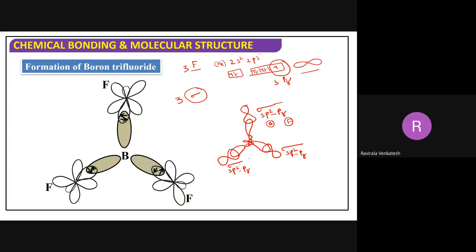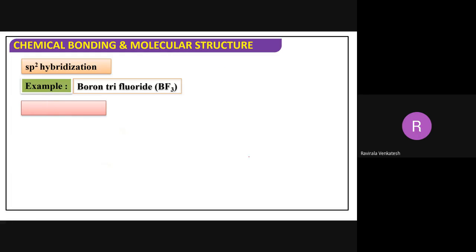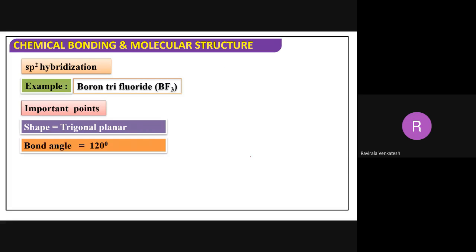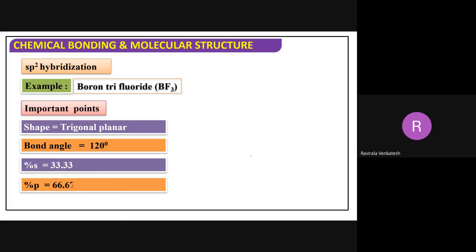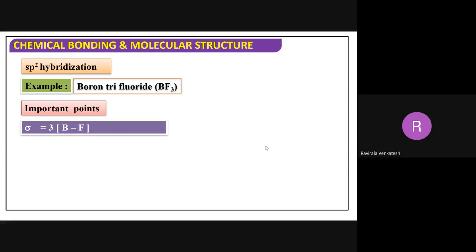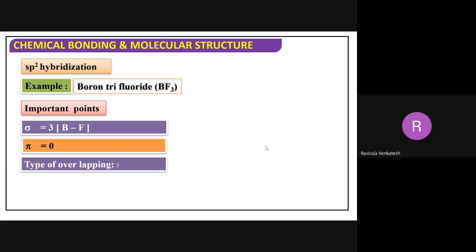The bond angle will be 120 degrees and the shape is trigonal planar. The percentage of s character is 1/3, equal to 33%. Sigma bonds are 3, pi bonds are 0, and the type of overlapping is sp2-p overlapping.